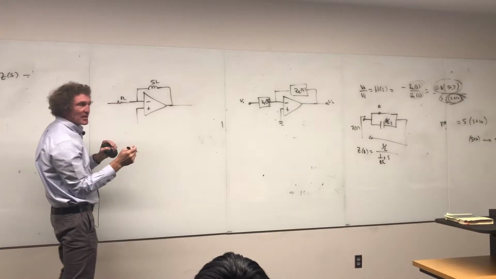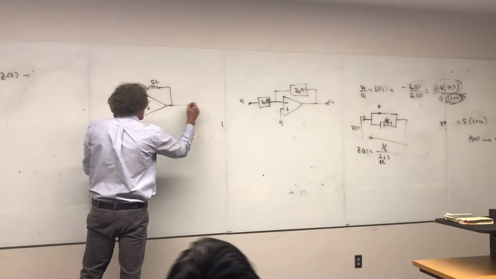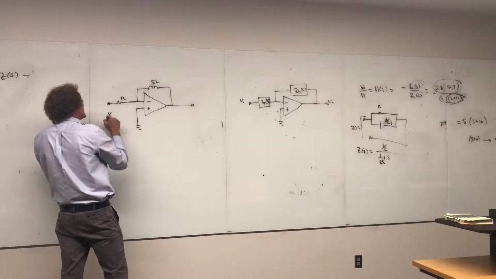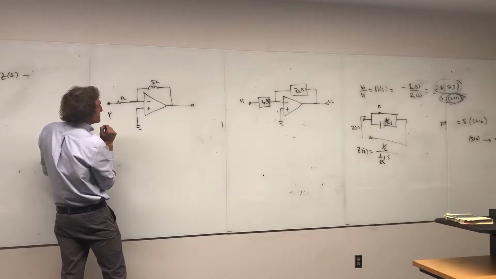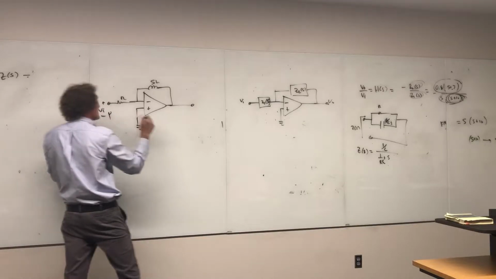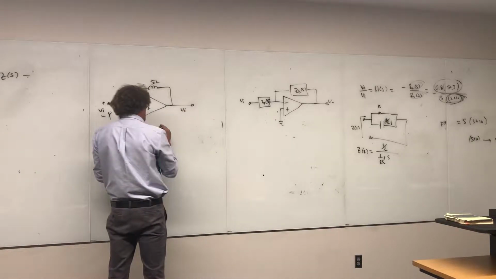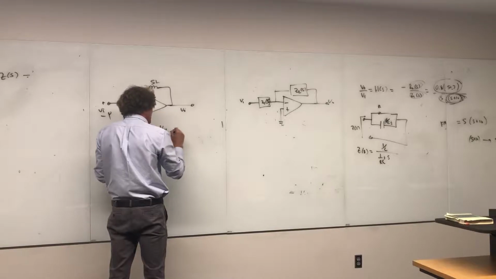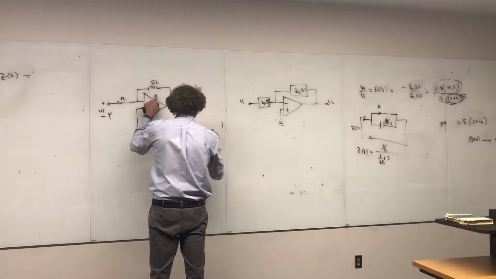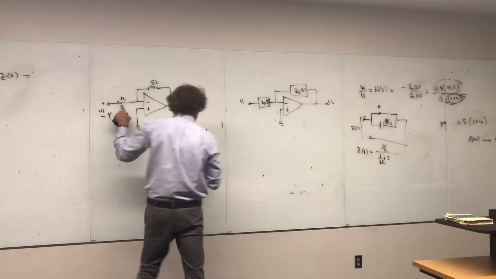I could put a C here, but I'm doing it this way for a reason. I want you to associate poles with inductors. Or I mean, I shouldn't say poles, single values of S with inductors. So this is the input. This is the output, right? V out over V in is H of S, the transfer function. And that would be equal to minus SL over R. Do you all see that right there?